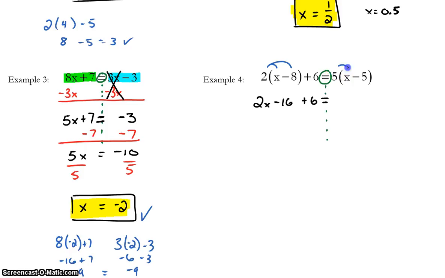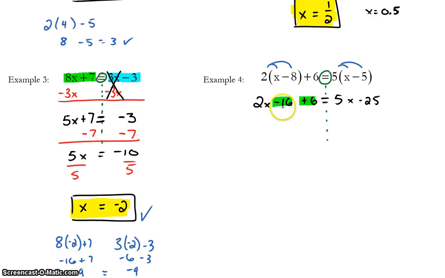On the right-hand side, I also have to distribute, 5x minus 25. The key here now is I'm not going to start moving anything yet, because on the left side here, I don't have my expression simplified. Those are like terms. Where a lot of students get mixed up is they're going to add 16, but remember, if I do that, I'm only doing that on the left side of my equation.